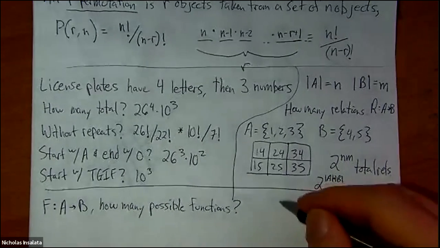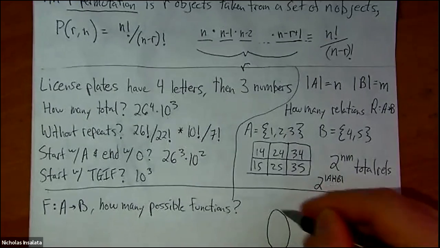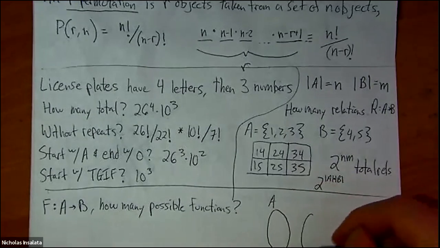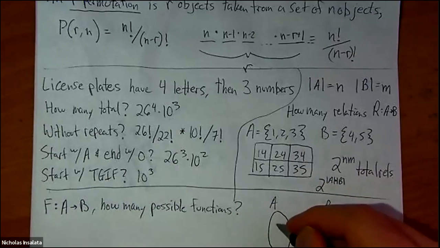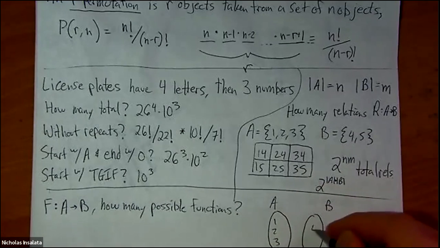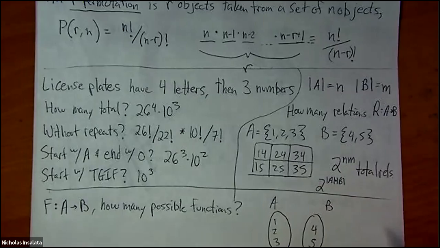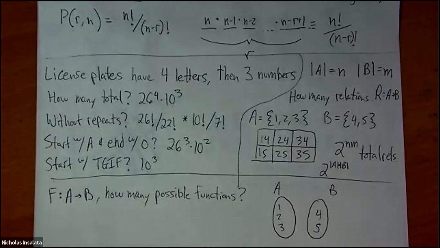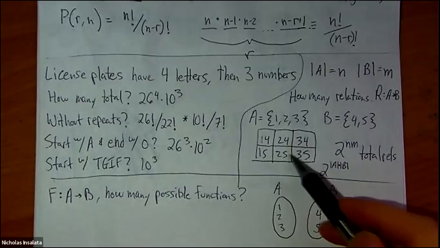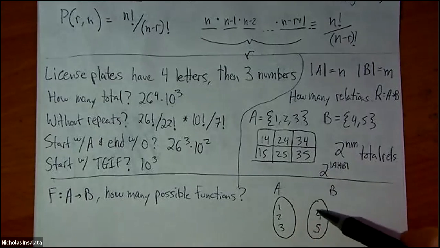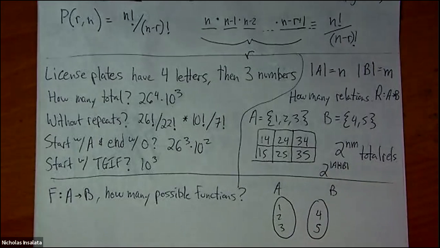Let's do another example. So we've got A and B here. Here's 1, 2, 3. Here's 4 and 5. But now it needs to be a function rather than just a relation. So rather than picking whether or not each pair is included, we're going to be picking some new stuff this time. So what are we picking here?